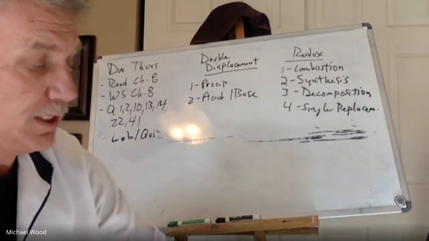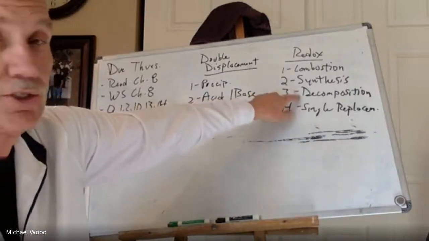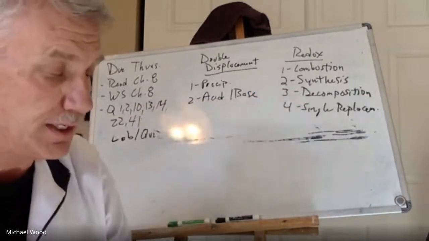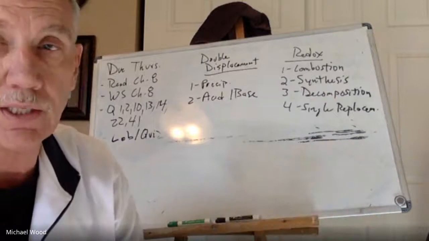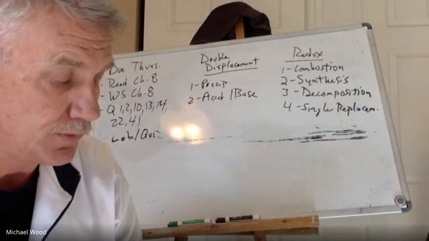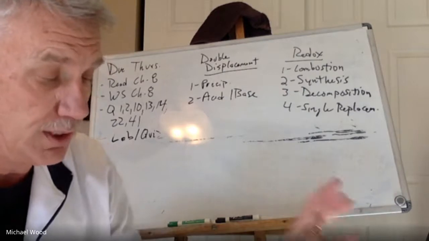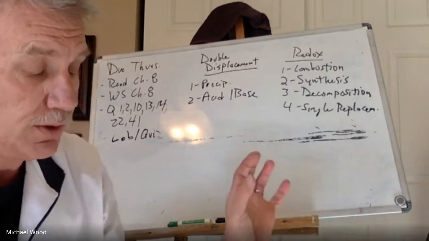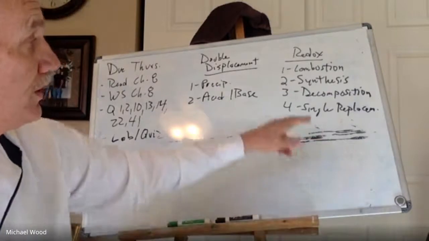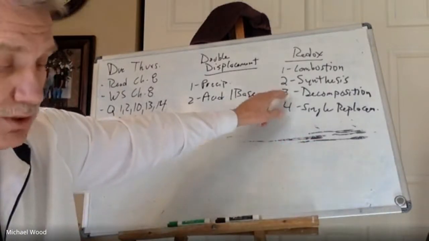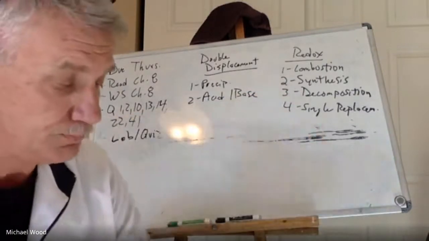Number 13 has got to be decomposition. So it's decomposition, redox, because you have one thing on the left side of the arrow. And number 14 is the same thing. You have one thing on the left side of the arrow, and so it's breaking down. So number 14 would also be decomposition slash redox.